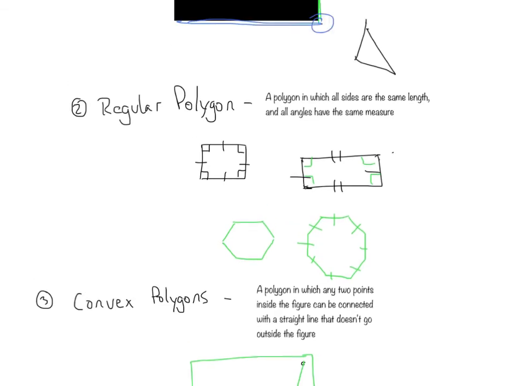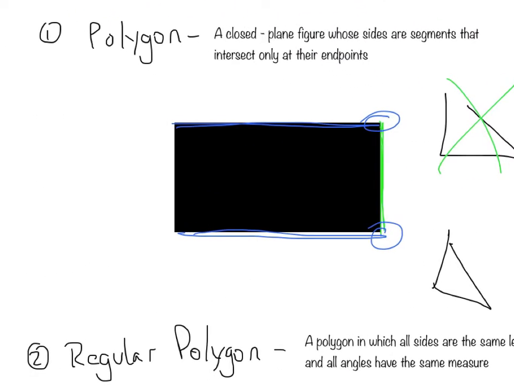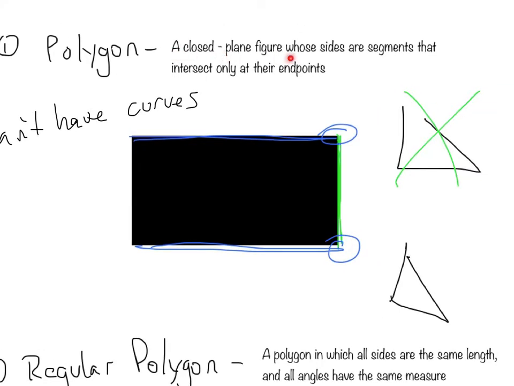And one other thing up here about polygons in general is that they can't have curves. Okay, can't have curves. And we kind of see that in the definition in that it's a closed plane figure whose sides are segments, right? So a segment is a line connected with two points.